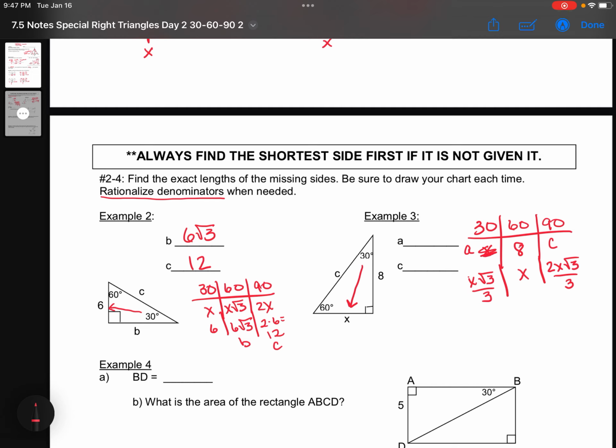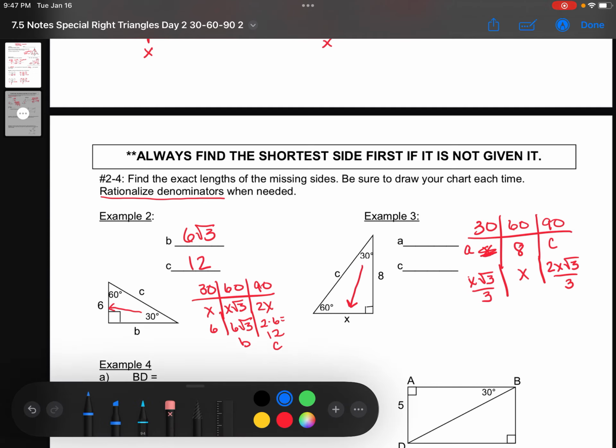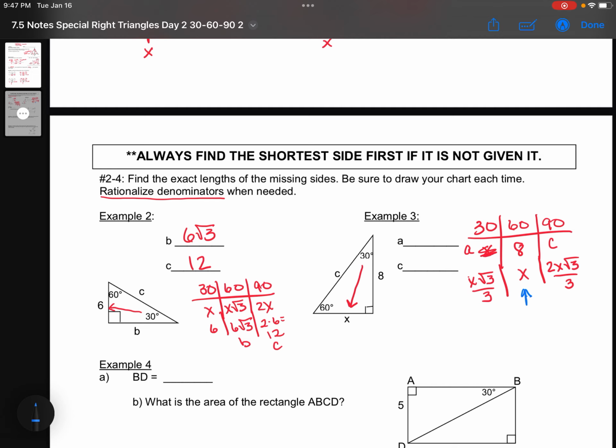And the reason is because if 8 times the square root of 3 equals x, and I'm solving for x, then I would divide both sides by square root of 3.